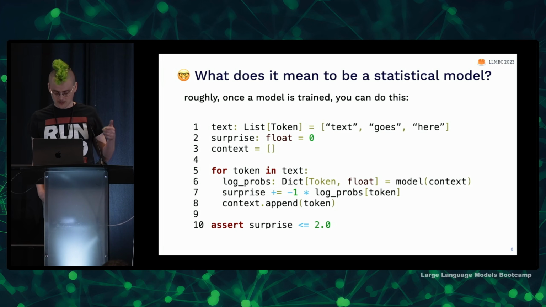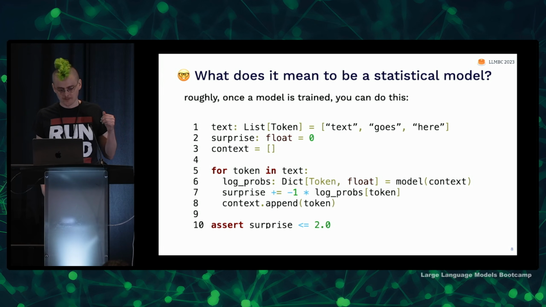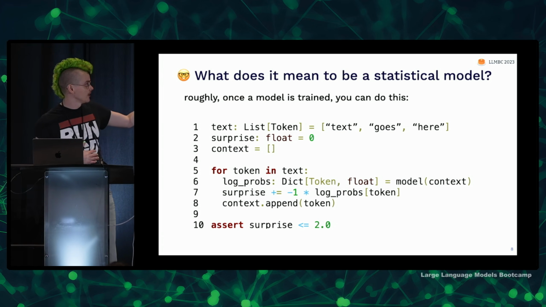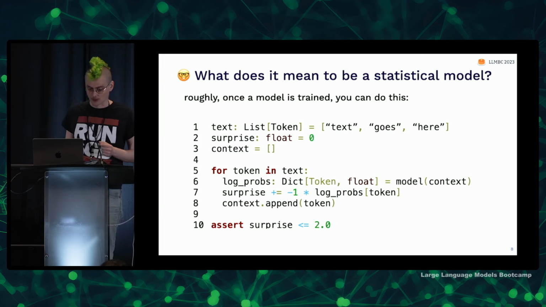So we're going through the text, and we keep adding stuff to what we put into the model, generating probabilities for what the next token is going to be. We have a dictionary that for every possible token, every possible thing that could come next, has a probability or a log probability.